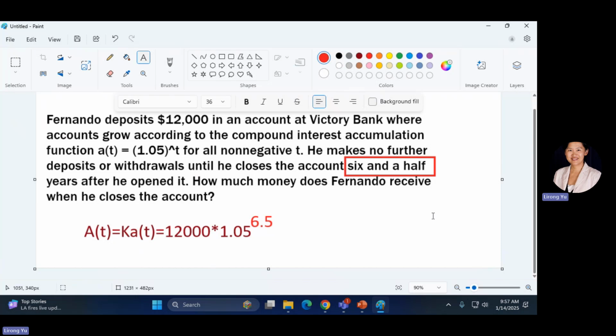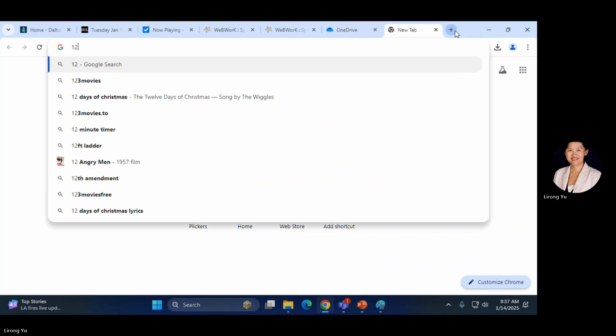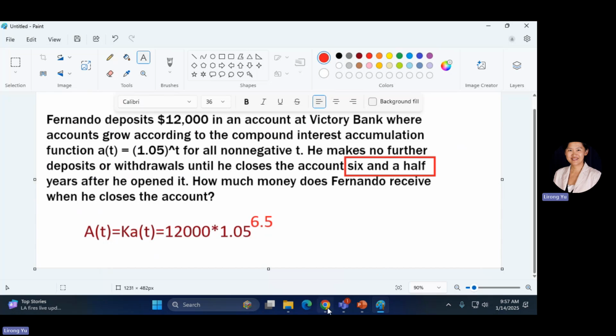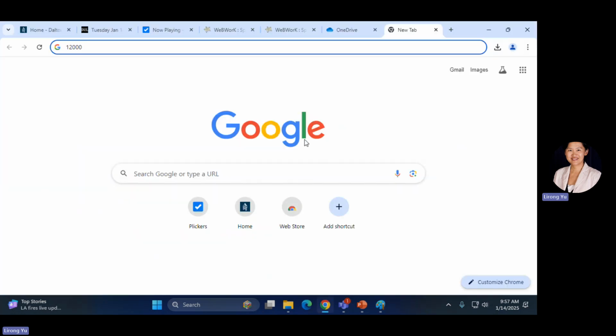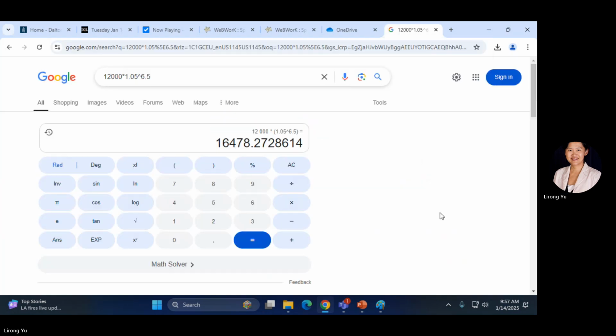We would try to use a calculator on this. The final answer would be 12000 times 1.05 to the power of 6.5. So that's the final amount.